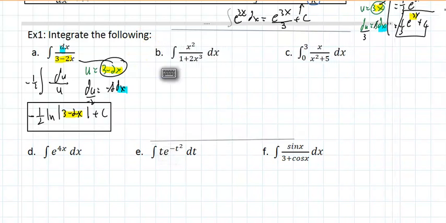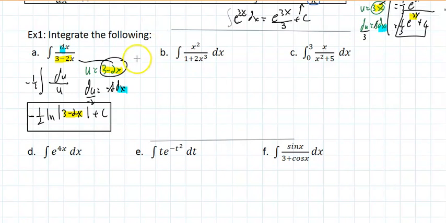Well, let's look at the next problem. Again, I'm going to let u equal, in the tradition, the denominator of a fraction, 1 plus 2x cubed. du will be, bring the power down, 6x squared dx. So this is my integral, and I notice that u is right there.